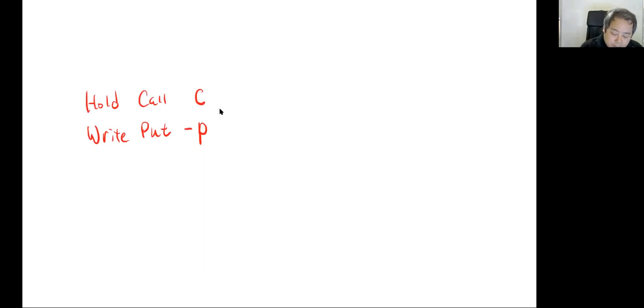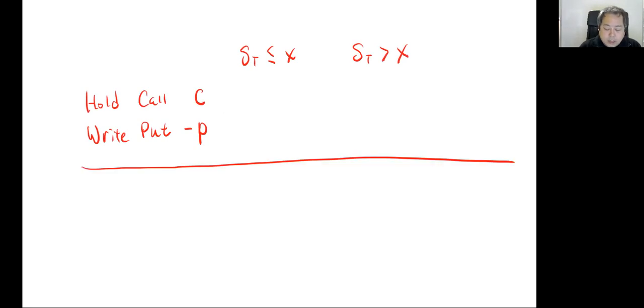We have two cases. Case one, stock price is below exercise price. Case two, stock price is above exercise price. See what happened. When stock price is below exercise price, the call option is not exercised and the put option will be exercised.